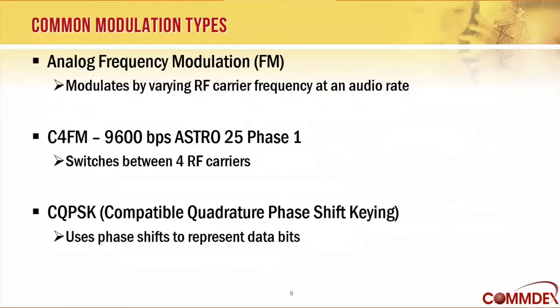P25 phase 1, 9600 bits per second, switches between 4 different carriers, and each symbol represents 2 bits. CQ-PSK is a type of phase shift keying that modifies both the amplitude and the phase.